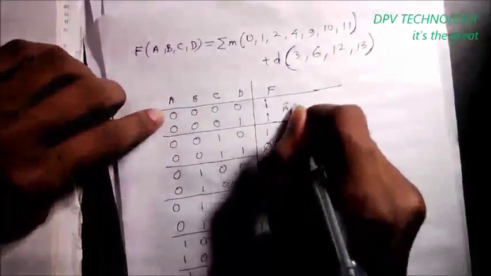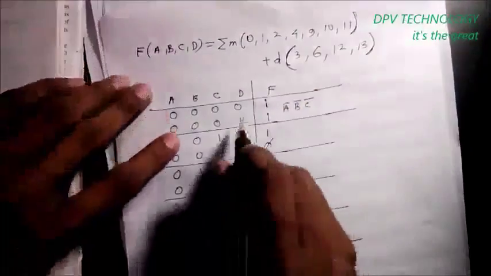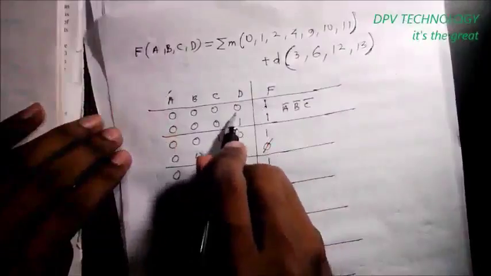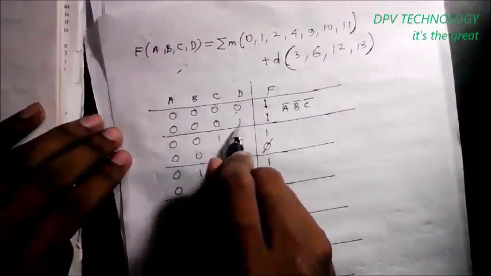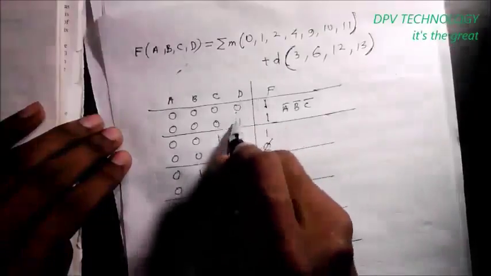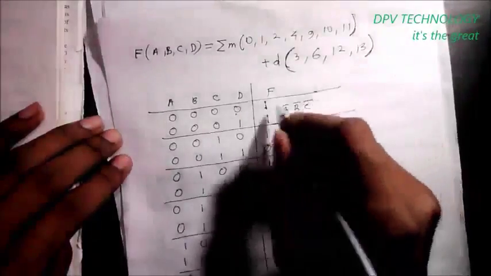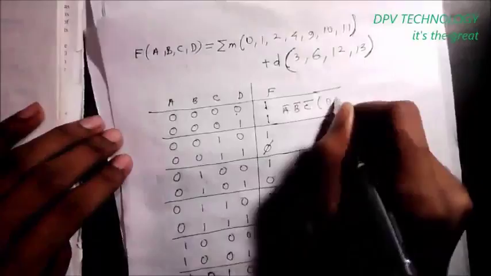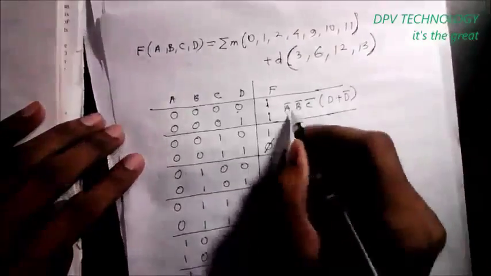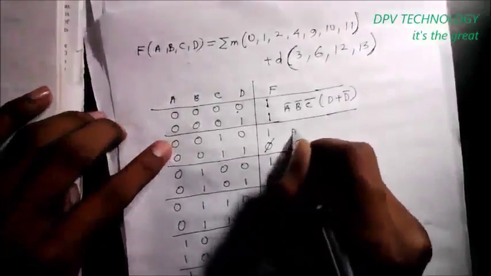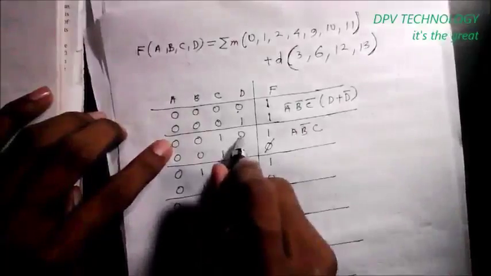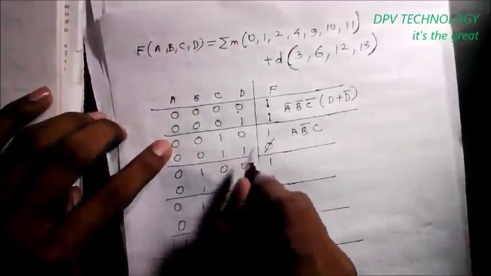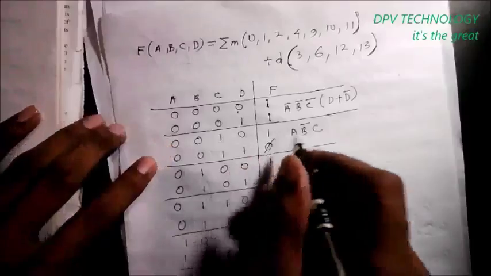Now first write A bar, B bar, C bar. Here F is 1 when D is 0, F is also 1 when D is 1. That is, F does not depend on D. So directly put 1. Instead of 1, you have to write D or D bar. Then here we have A bar, B bar, C. When D is 0, F is 1, when D is 1, F is don't care.